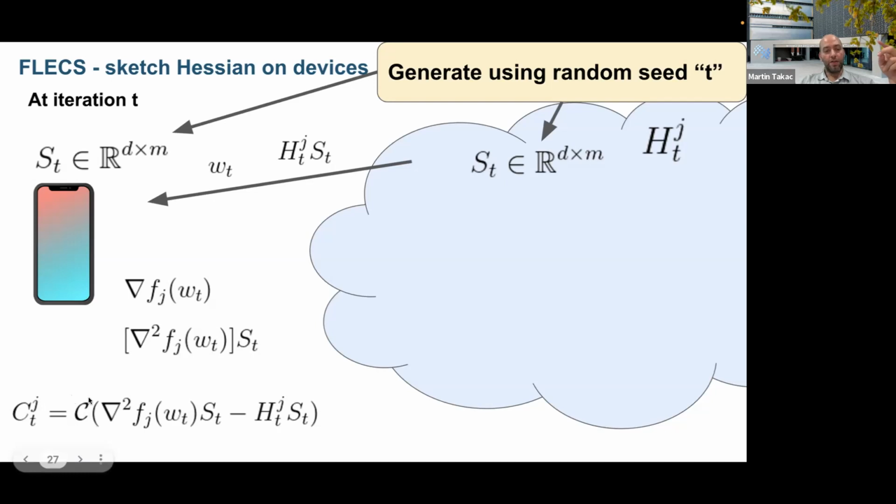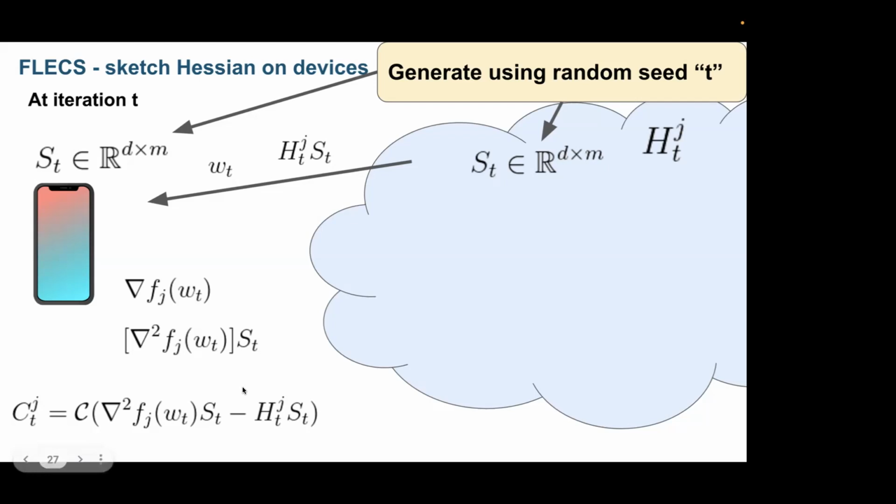Again, think about compression not being there, right? If compression is not there, I'm telling him that even though you believe my Hessian is behaving like this, actually it's behaving differently. So this is the new update you should use to update your belief about my Hessian, okay? Not sure if this makes sense. Yes.